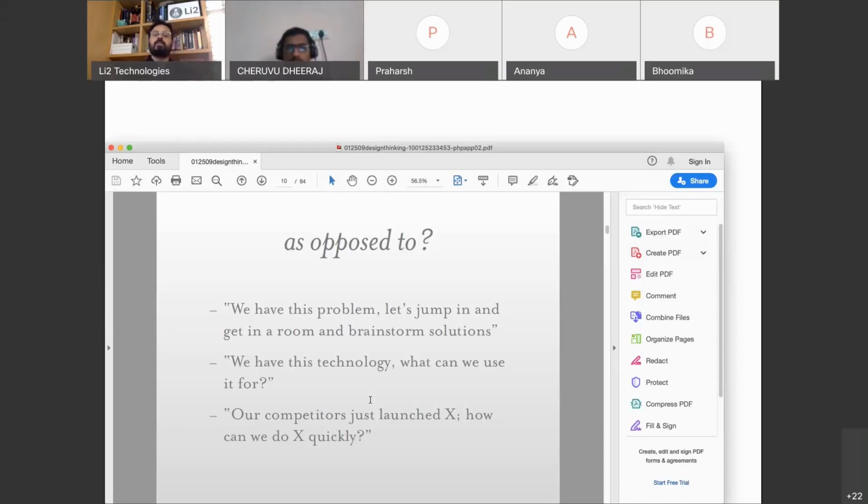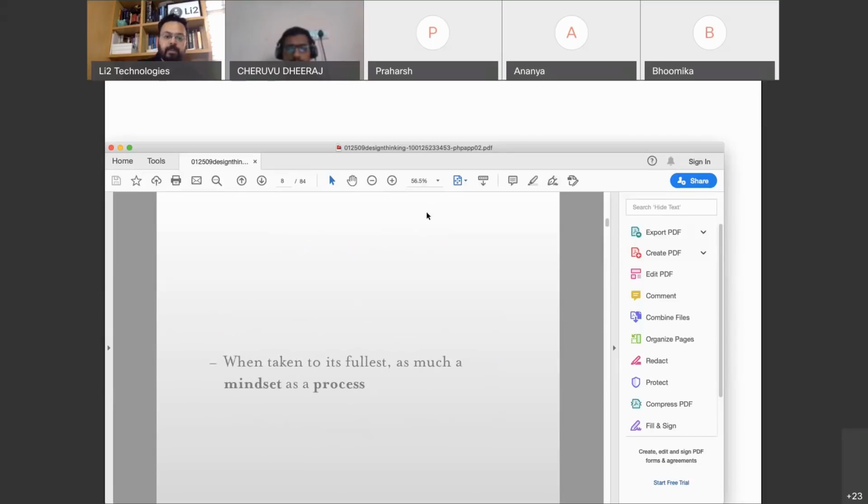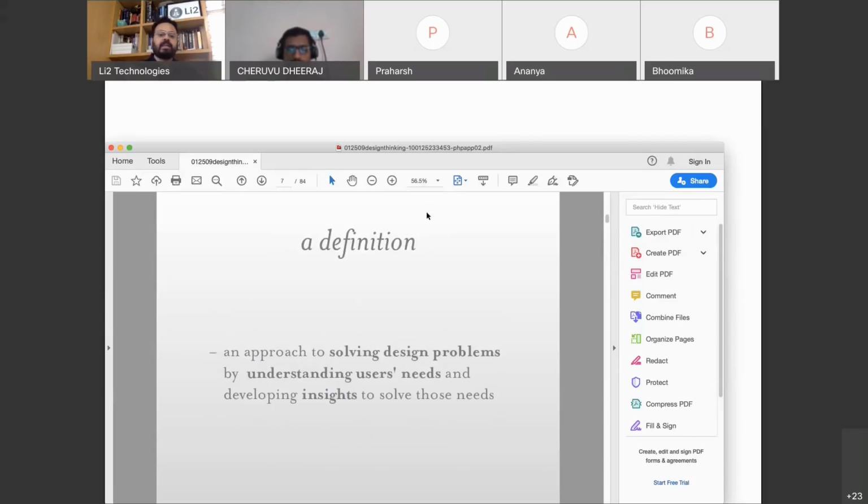But as opposed to design thinking, this is not the right approach, simply because you're not empathizing with the situation. If I go back to the previous slide, it's very clear here, you do not have insights to solve those needs. You just have an idea, you just have an opportunity, and you're jumping into it.